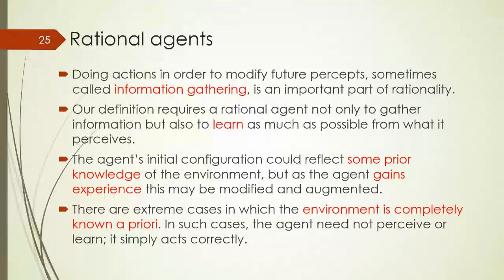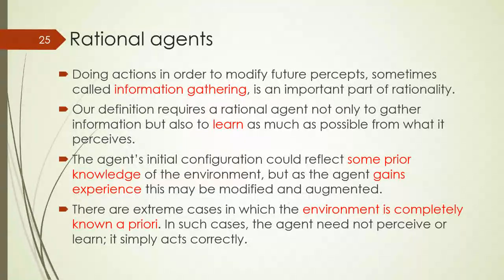Our definition requires a rational agent not only to gather information but also to learn as much as possible from what it perceives. At the extreme, the agent's initial configuration could reflect some prior knowledge before it goes into the environment and then gains experience.